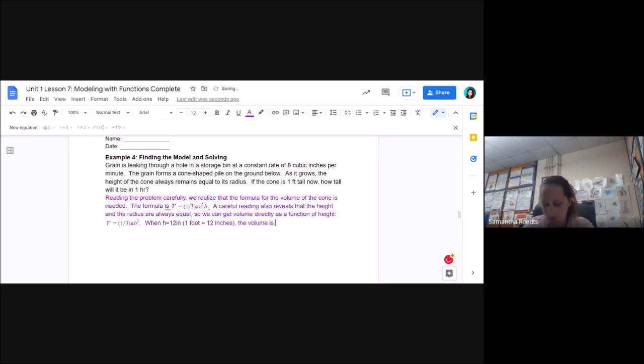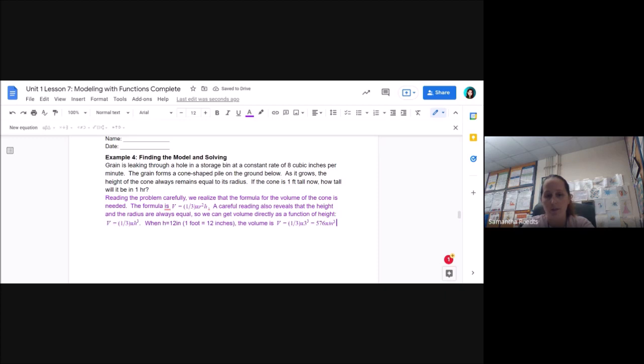The volume is V equals 1/3 times pi times 12 cubed, which equals 576 pi inches cubed.